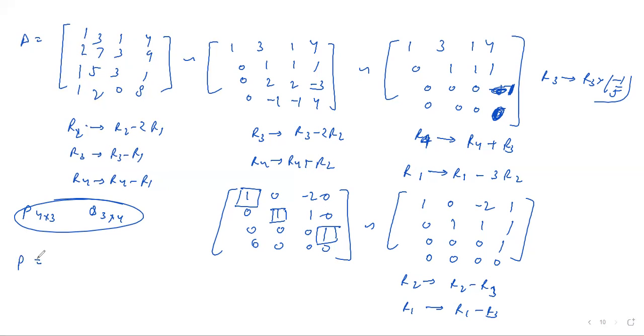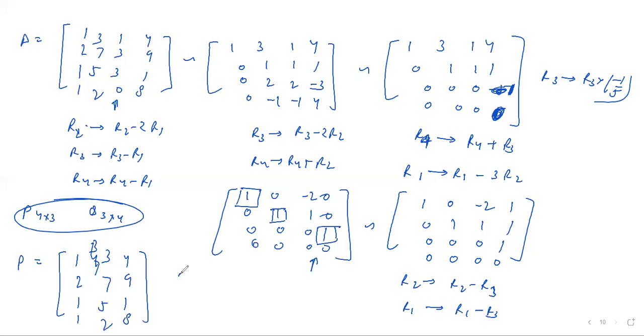P is obtained by removing the third column of A, as it has no pivot. We'll just remove this third column in the original matrix, and my P will be 1 2 1 1 3 7 5 2 4 9 1 8.